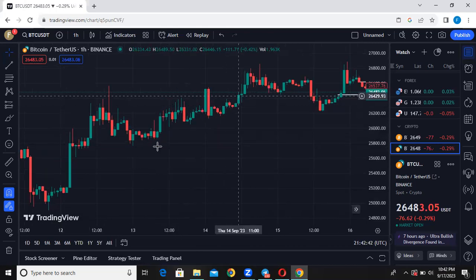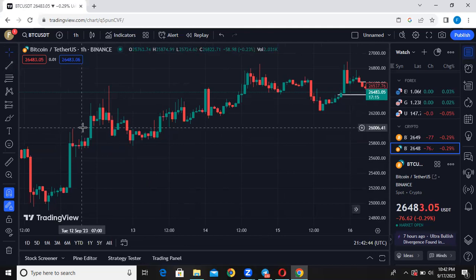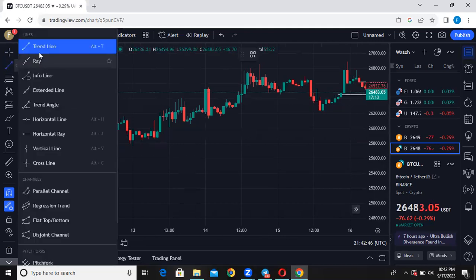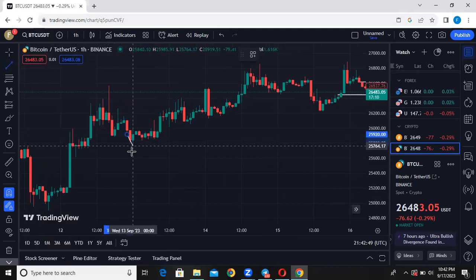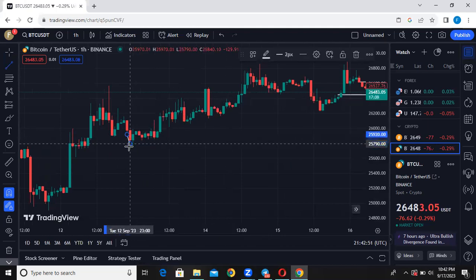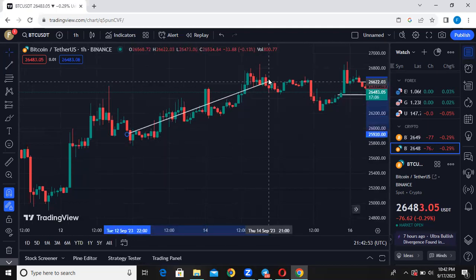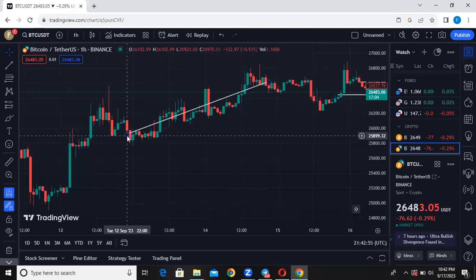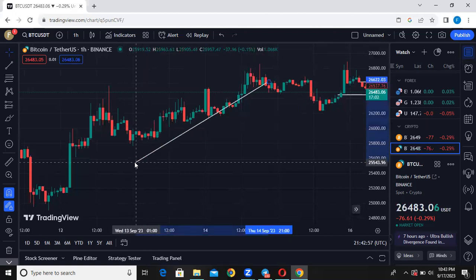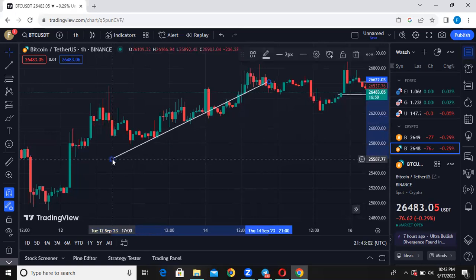Now, let me show you how to trade an uptrend market. This is an example of an uptrend. Now, you simply draw what they call a trend line. And this trend line for an uptrend market, you draw it under, down.